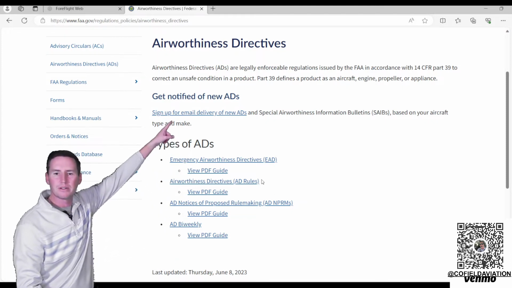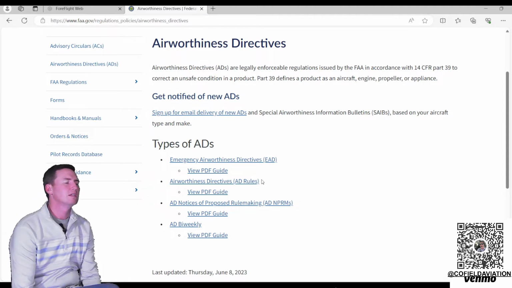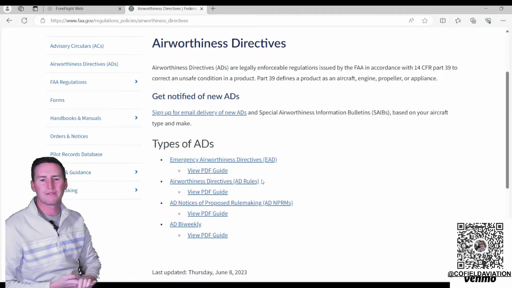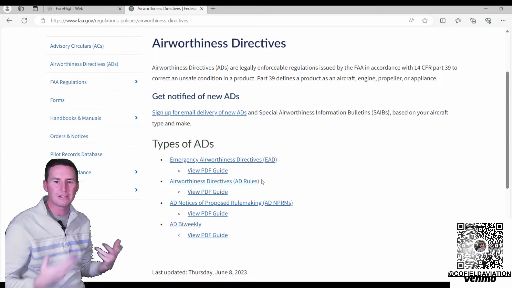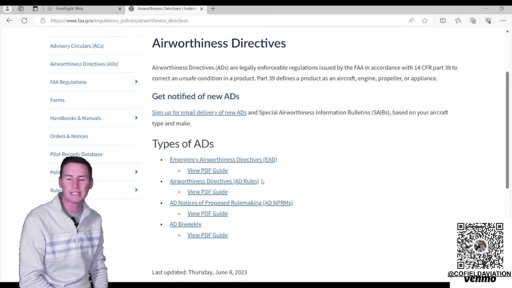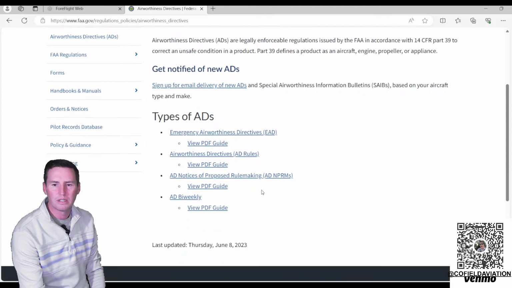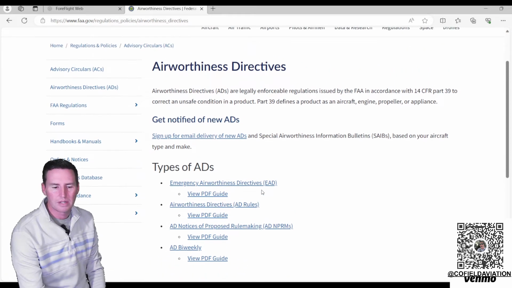So if you look right here, you can click that. You can sign up for email deliveries of ADs. I do that for all the aircraft that I fly. That way, if the FAA issues an AD, you're immediately notified, especially if it's an emergency AD or something of that case. But here's where you would go to look up your ADs. Now, I'm going to go back to the slide here.